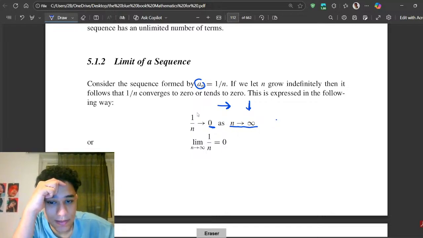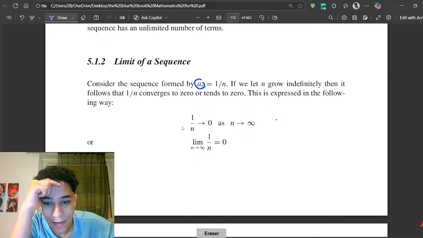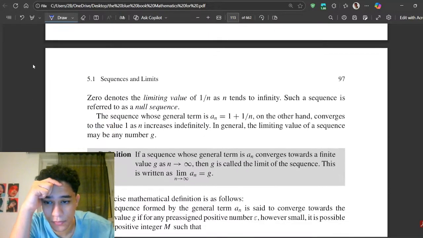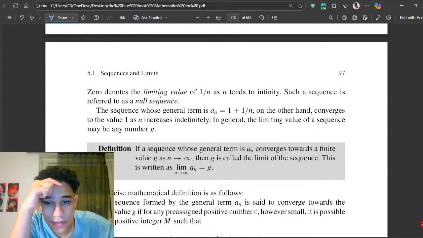So what's the limit? The limit as n goes to infinity: if n becomes infinity, it's gonna be 0, as if infinity were an actual number. 0 denotes the limiting value of 1 over n as n tends to infinity. Such a sequence is referred to as a null sequence.